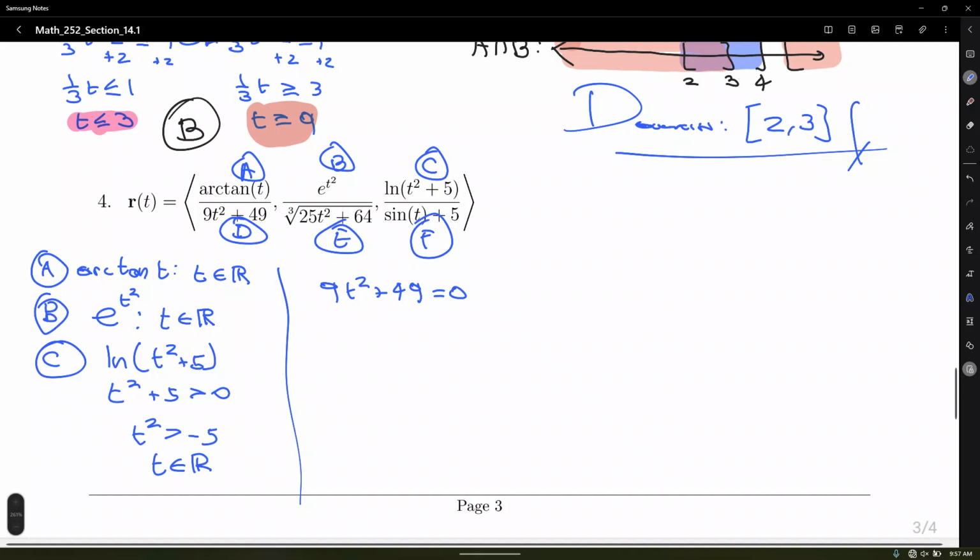Let's solve this quadratic equation. 9t squared equals negative 49. t squared equals negative 49 over 9. So t equals plus or minus the square root of negative 49 over 9. Hold on. Square root of negative 49 over 9. What is that equal to?